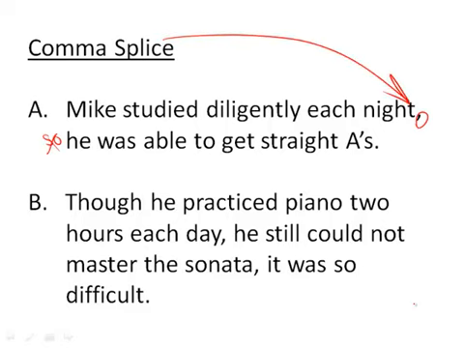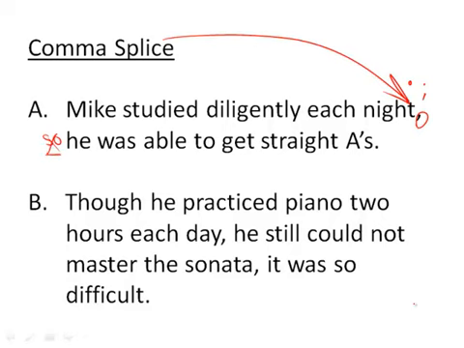And therefore, to change it, we have to either add a conjunction, such as "so" in this case, which makes sense, or add a semicolon. Or another option is even to put a full stop or a period. If you do a period, then make sure that the sentence is not too choppy, because when we write, we want to make sure our sentences flow.